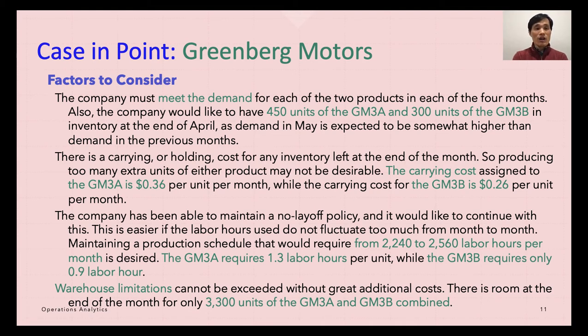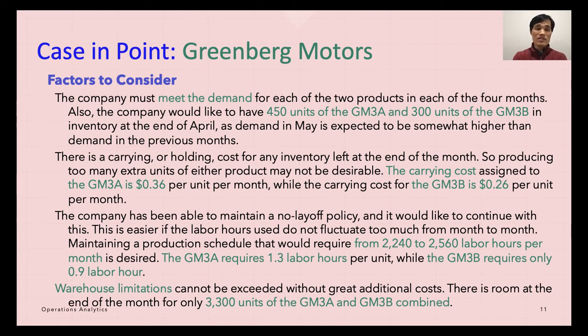Now, here are factors to consider for Greenberg Motors. First, the company must meet the demand for each of the 2 products in each of the 4 months. Also, the company would like to have 450 units of the GM3A and 300 units of the GM3B in inventory at the end of April, as demand in May is expected to be somewhat higher than demand in the previous months.